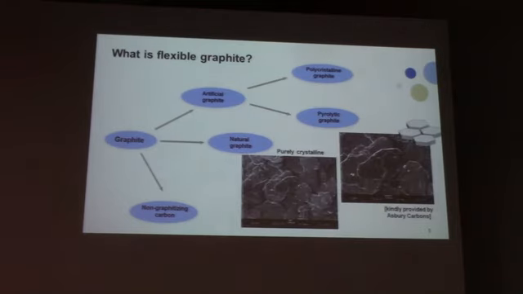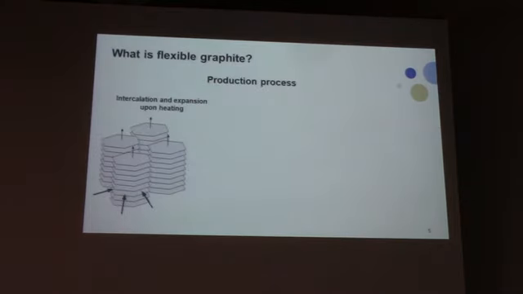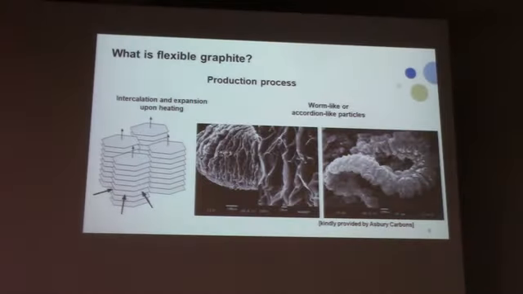It comes from natural graphite. Natural graphite, as you can see in this image from SEM, is purely crystalline and is in a shape of flakes. These flakes are purely crystalline and basically are a layer of carbons stacked together. And to make flexible graphite, we have to intercalate these flakes and make them expand upon a huge amount of heating, and they can expand over 300 times of the original thickness, and they assume this particular shape.